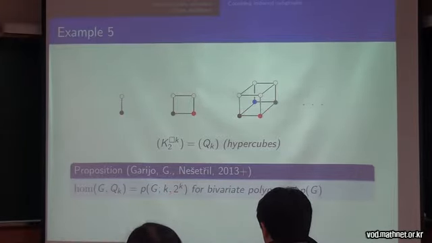And this is a slightly different animal to what we're going to be talking about, but it will just feature a little bit later in some discussion about some problems. I just wanted to highlight that you can get these bivariate polynomials in interesting ways for hypercubes.